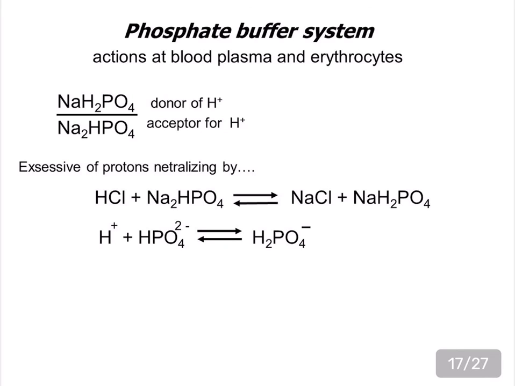And as a result, another component, dihydrophosphate, forms after the reaction.